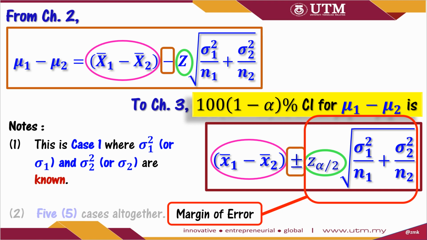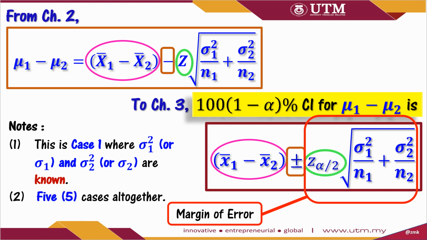In fact, we have 5 cases altogether in constructing the confidence interval for the difference between two unknown population means. We will explore each of these cases in the following slides.